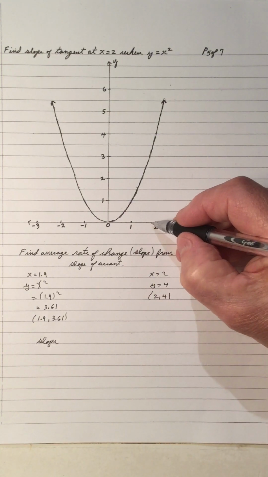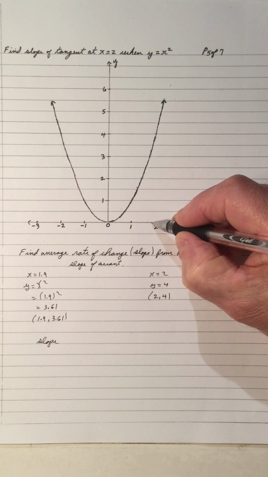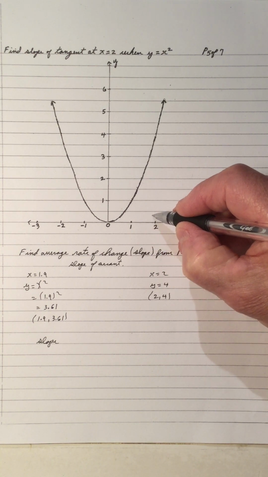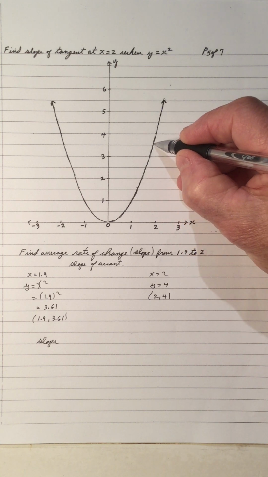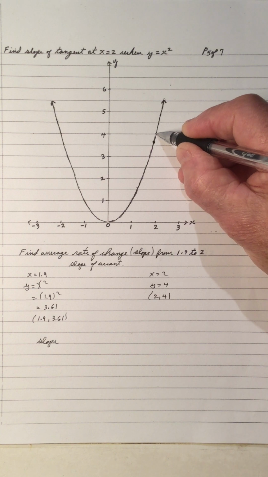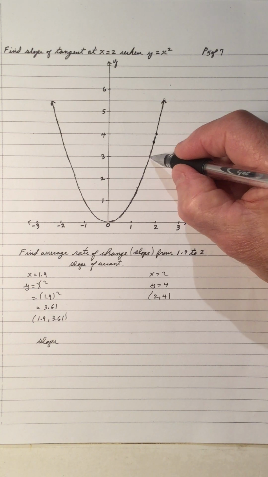So 1.9 is, there's a 1, there's a 2, 1.9 is right here. If you go up, 3.61 is right there, just above 3.5. So we have this point and we have the point 2, 4. Now we've got to draw this secant. So there's the secant.